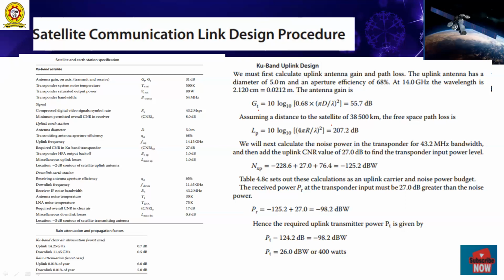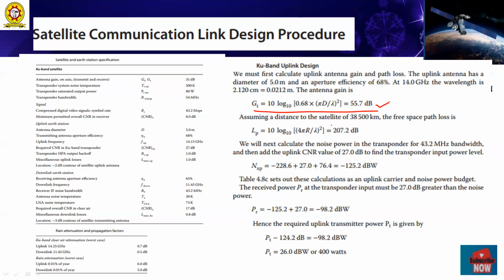What is the transmitter gain? From this example, 10 log of 0.68 into (pi d by lambda) squared. Substituting all the parameters in this formula, I got 55.7 dB.